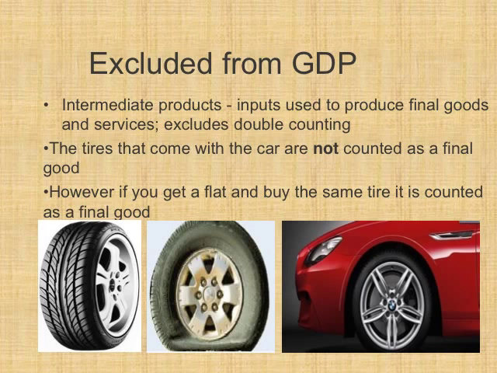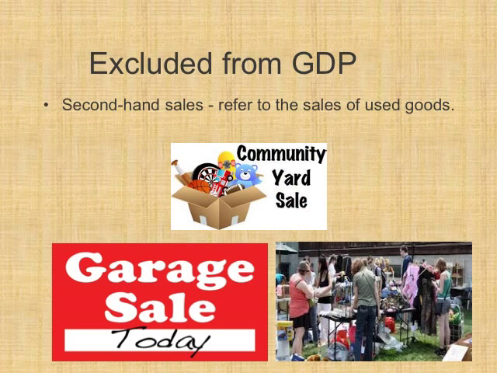The tires that come with the car are not counted as final goods. However, if you get a flat tire and buy the same tire, it is counted as a final good. Second-hand goods are excluded from GDP because the value has already been included in the GDP in the past.